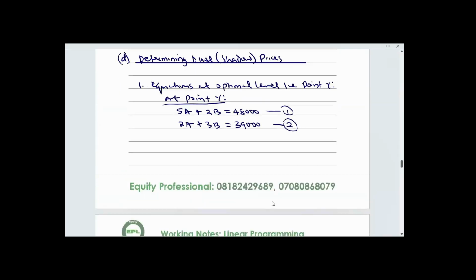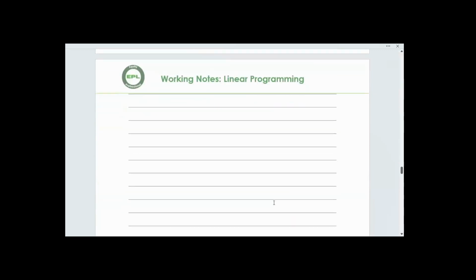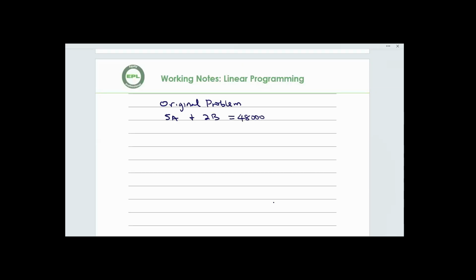With this, I can now get the dual problem. I need to first bring out the original matrix. The original problem will be 5A plus 2B equal to 48,000, then 2A plus 3B equal to 39,000.